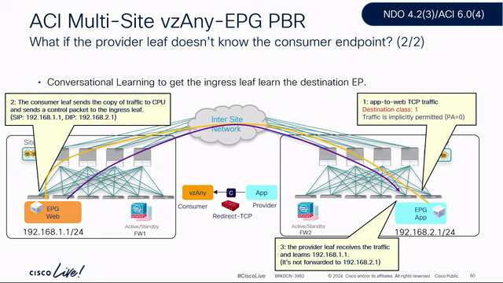The unnecessary traffic hairpinning could happen only until conversational learning is done. So this is how we can make with any to EPG PBR work without an EPG subnet. This is quite useful because now you don't have to deal with multiple different consumer EPG subnets. So you can do app-centric service insertion in multi-site.